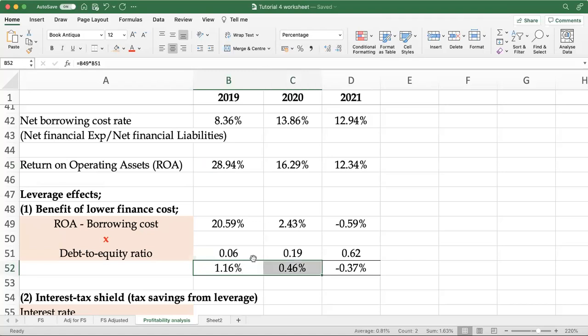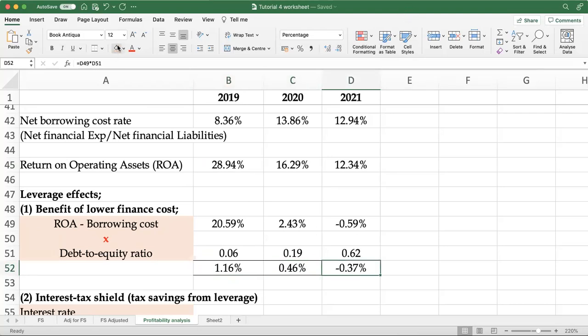But that positive effect has declined. You see a positive leverage effect in 2019, 1.16, that declined to 0.46% in 2020.